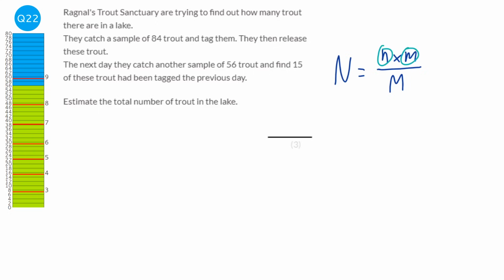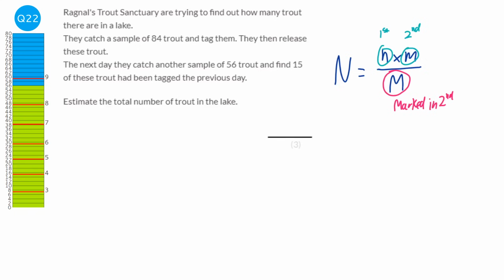So they're the size of each sample, and this big M here is the amount that were marked in the second sample. So n is the first sample, m is the second sample size, and then M is marked, so marked in the second sample, because obviously you're going to mark all of them in the first sample.